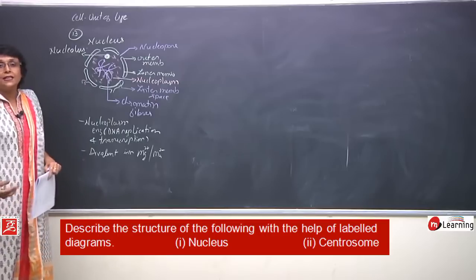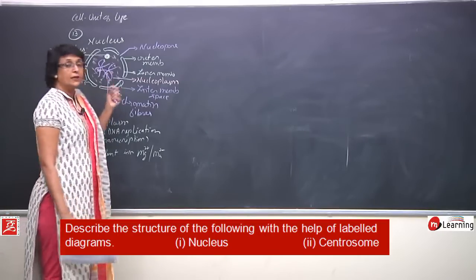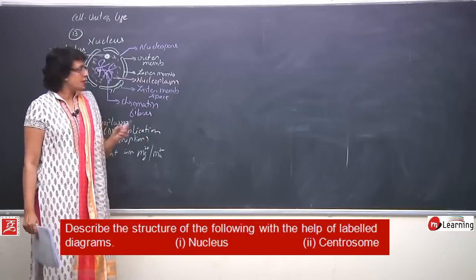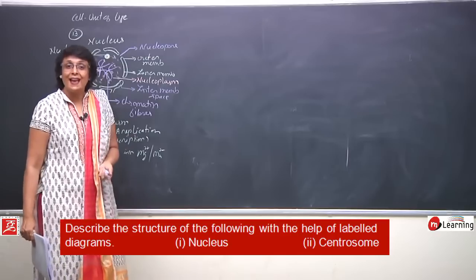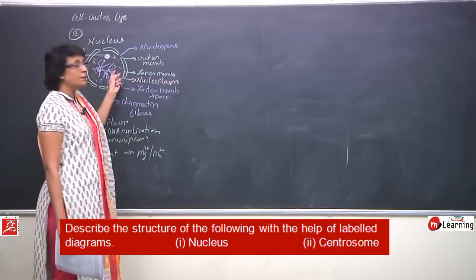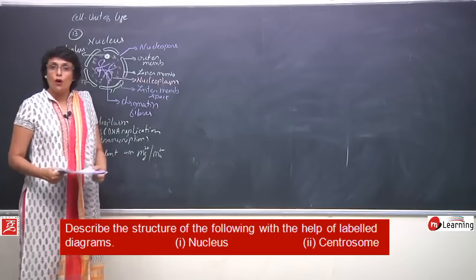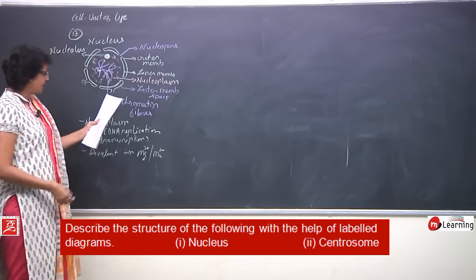All the activities of the cell are controlled by the nucleus. Everything, that is all processes, are regulated by it, plus it helps in inheritance of characteristics. The genetic material present in the nucleus is transferred to the offspring.